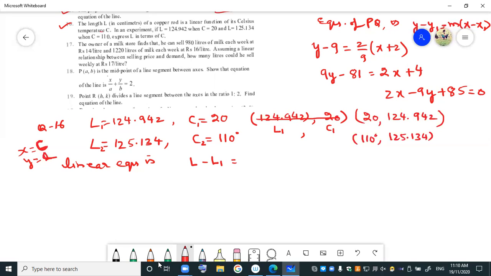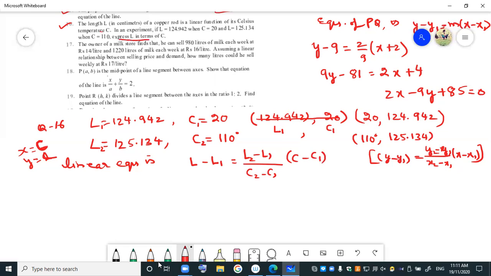Now our formula is y minus y1 equals (y2 minus y1) upon (x2 minus x1) into (x minus x1). So L minus L1 equals (L2 minus L1) upon (C2 minus C1) into (C minus C1). We have to find the linear equation of L in terms of C, so that is why we have taken L as y.